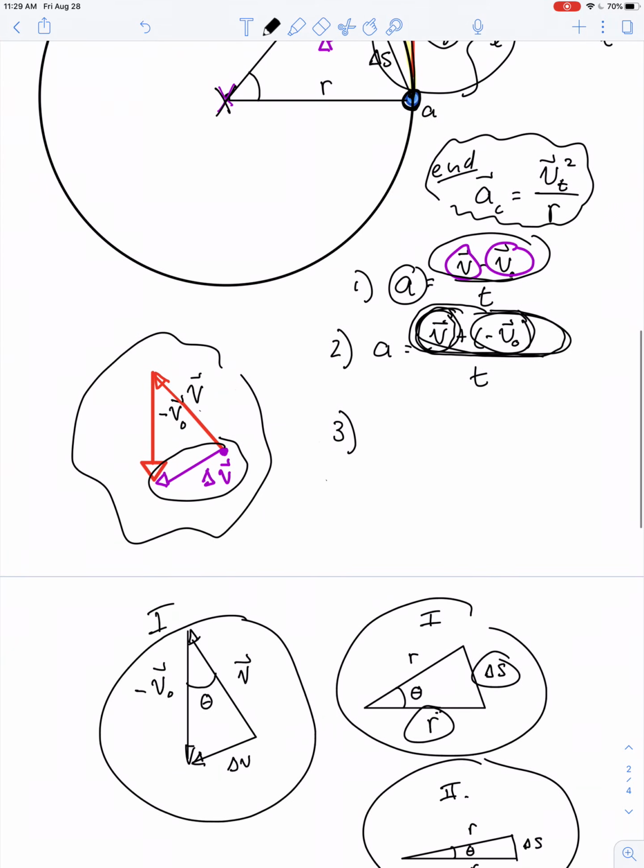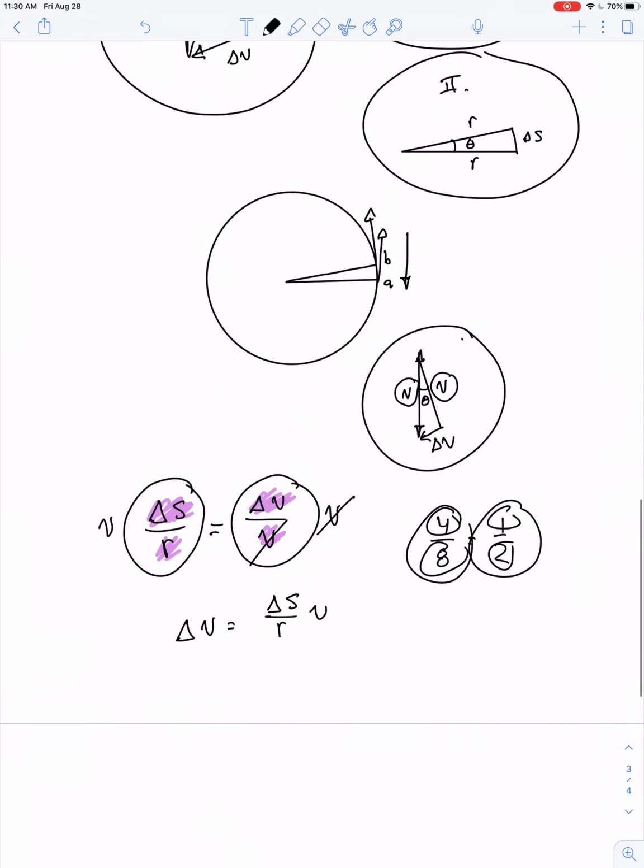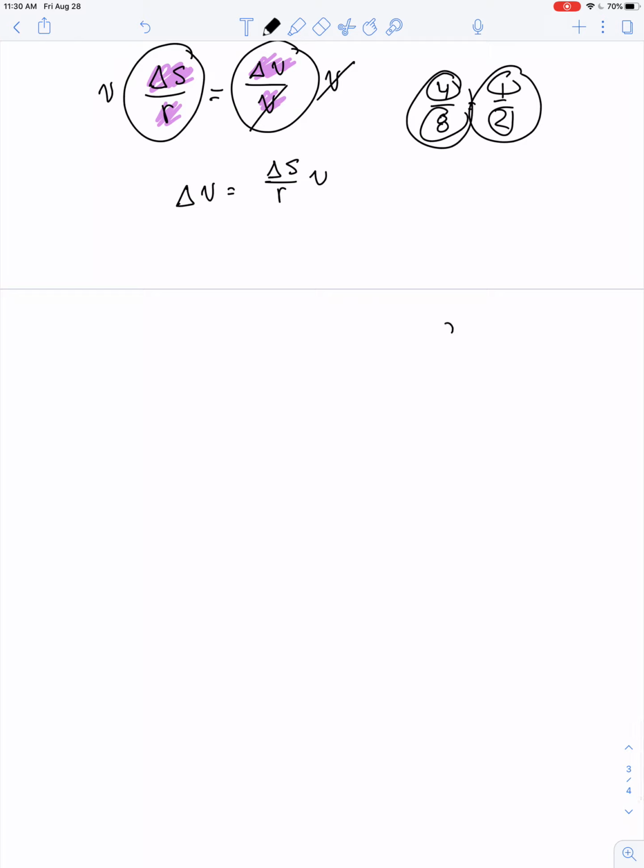So I'm going to restate number 1 and 2. Remember what we're out to prove. When something goes in a circular path, it has a centripetal acceleration equal to the tangential speed squared divided by the radius of the circular path. So to derive that, in step 1, we just stated that, in general, acceleration is found by taking a change in velocity divided by time.